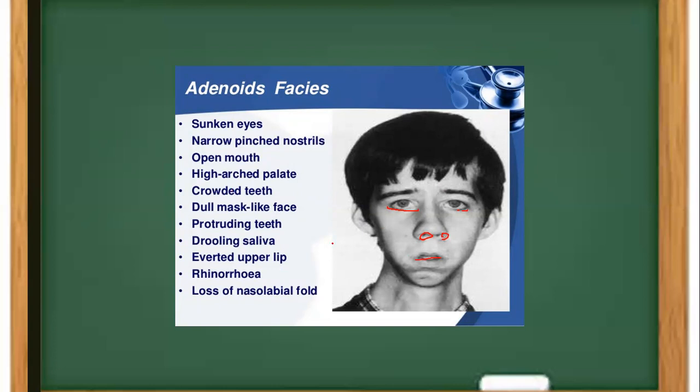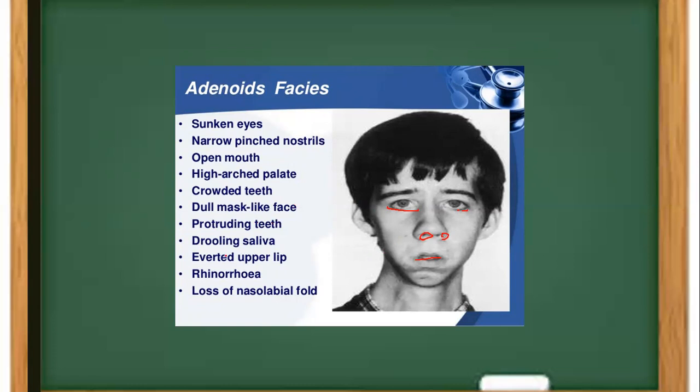Then crowded teeth. Then dull mask-like face; the child's face looks dull and mask-like. Protruding teeth, and drooling of saliva. The person often keeps the mouth open, so the saliva cannot be completely taken in by the patient and it drools out.